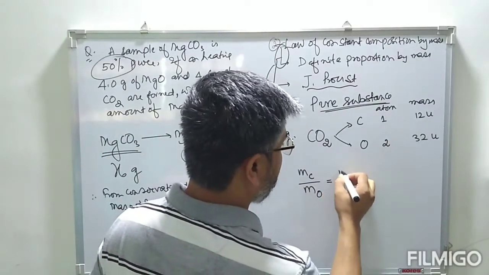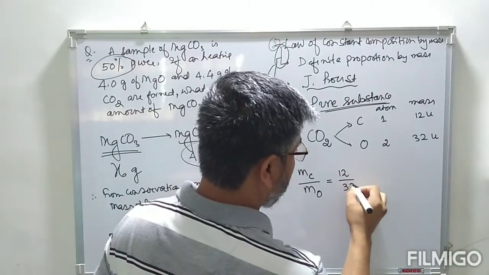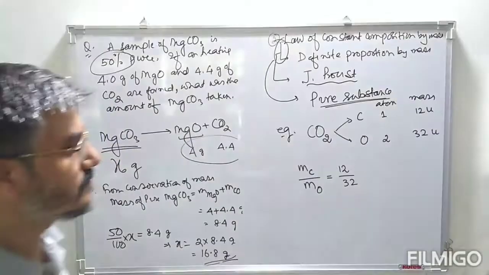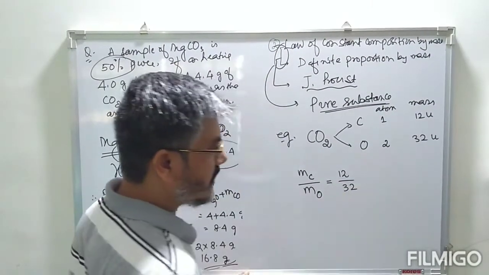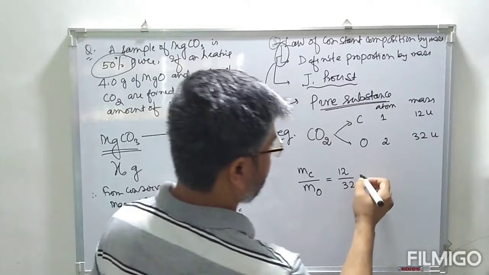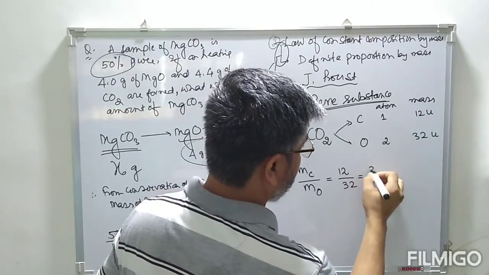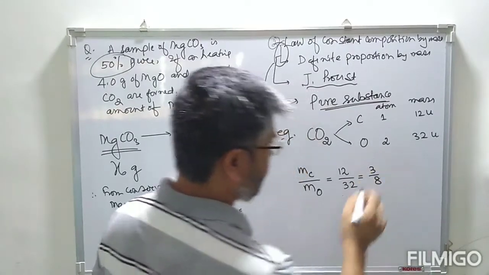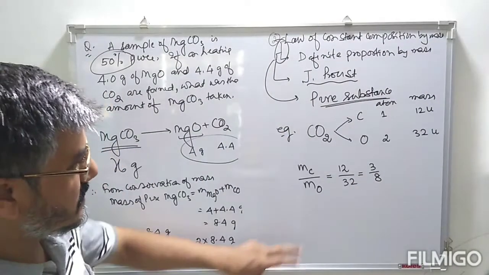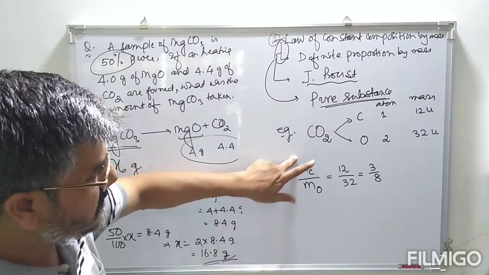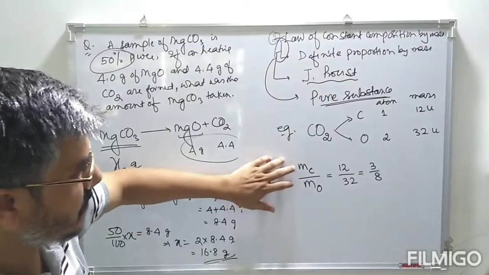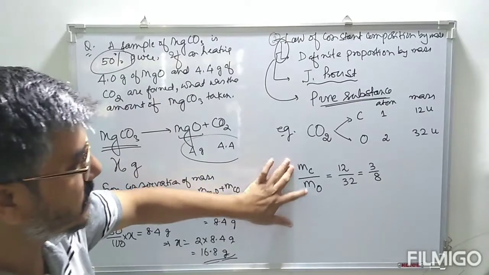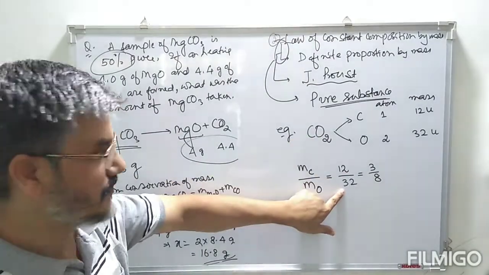So this ratio is 12 by 32. Mass of carbon is 12, mass of oxygen is 32. So the ratio of mass of carbon to mass of oxygen is 12 by 32.